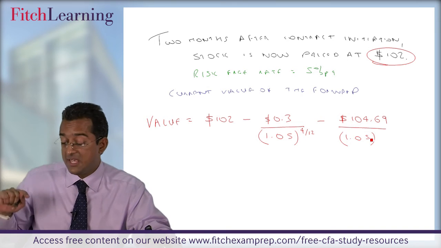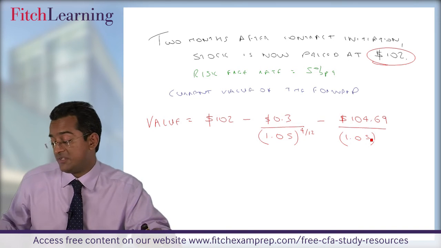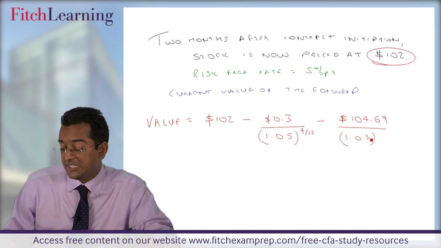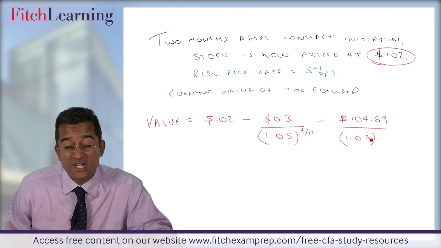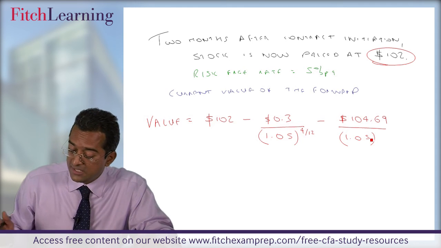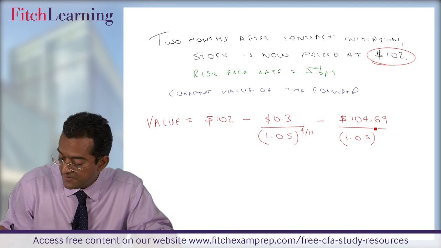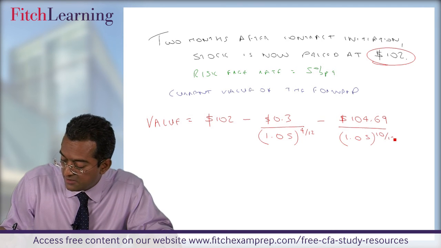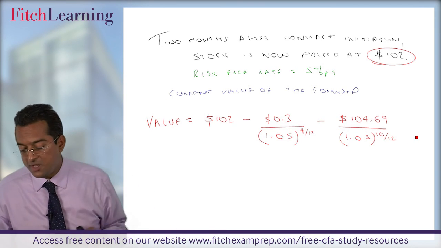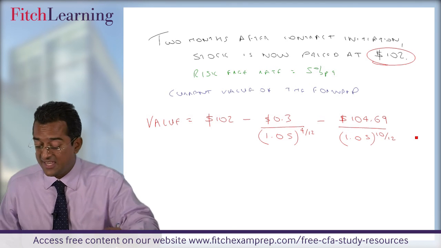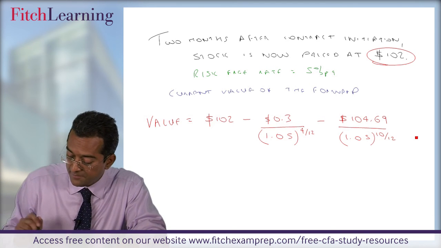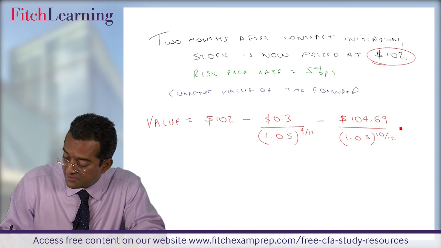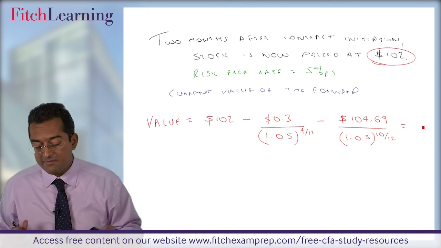That is now a 10-month forward, because we had 12 months initially and are 2 months into the contract, so 12 minus 2 gives 10 months until the expiry date. That's 10 over 12, or 5 over 6. That's going to give us the valuation.